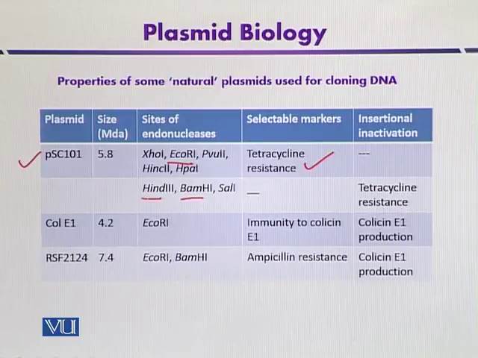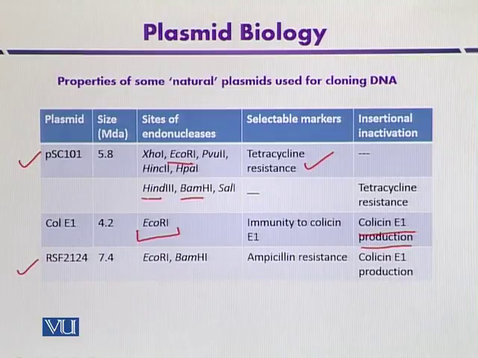The next plasmid is col E1, very famous, and it contains a single restriction site for enzymes like EcoRI, and it contains a selectable marker for immunity to colicin E1, and at the same time it also contains the gene that can mediate the production of colicin E1. The last example is a derivative of the col E1 plasmid, RSF2124.